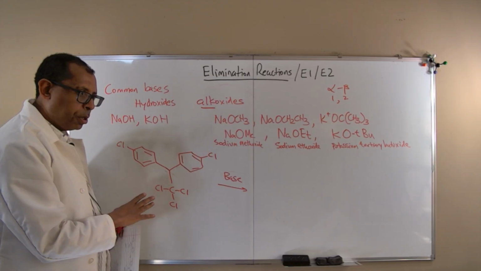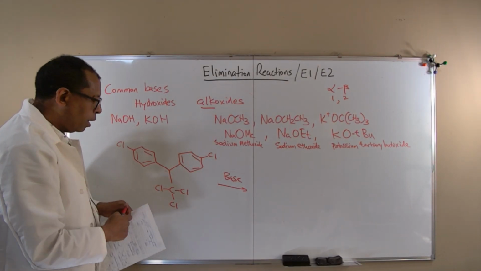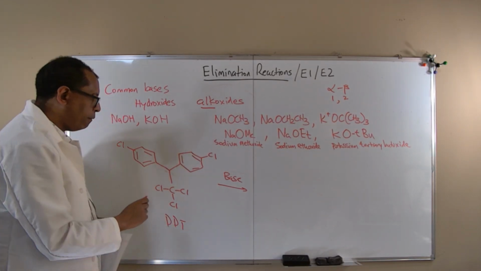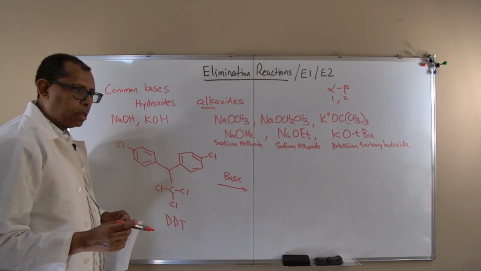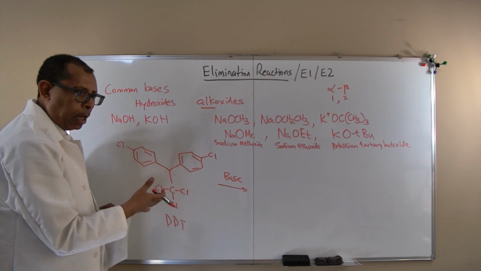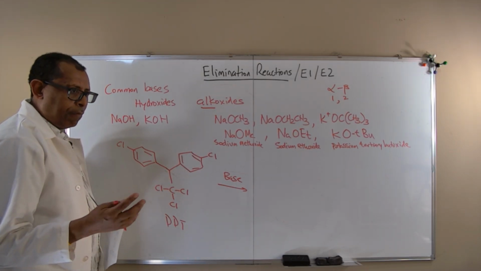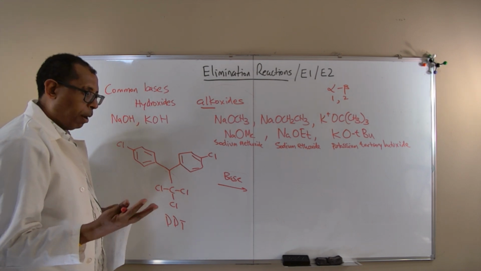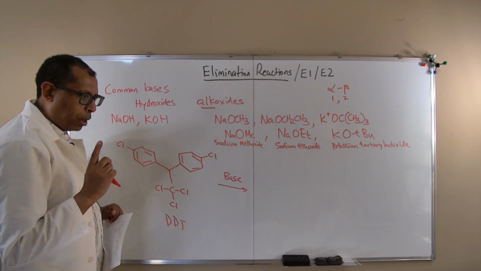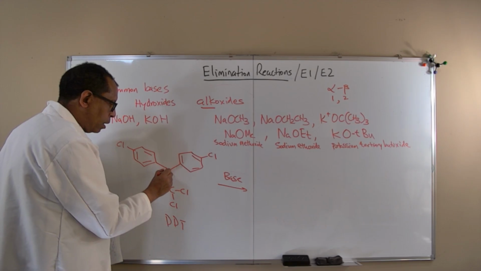Let me show you here what this compound, when treated with a base, does. This is DDT, an insecticide. So if you are treating this with a base and you have a halide that could be leaving, you first identify how many hydrogens are possible in the elimination reaction. This compound has only one beta hydrogen. That beta hydrogen is this right here.